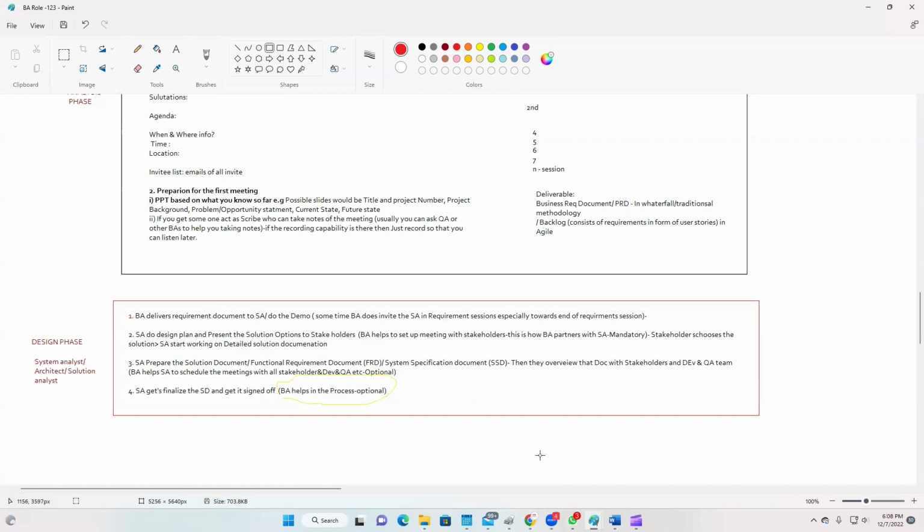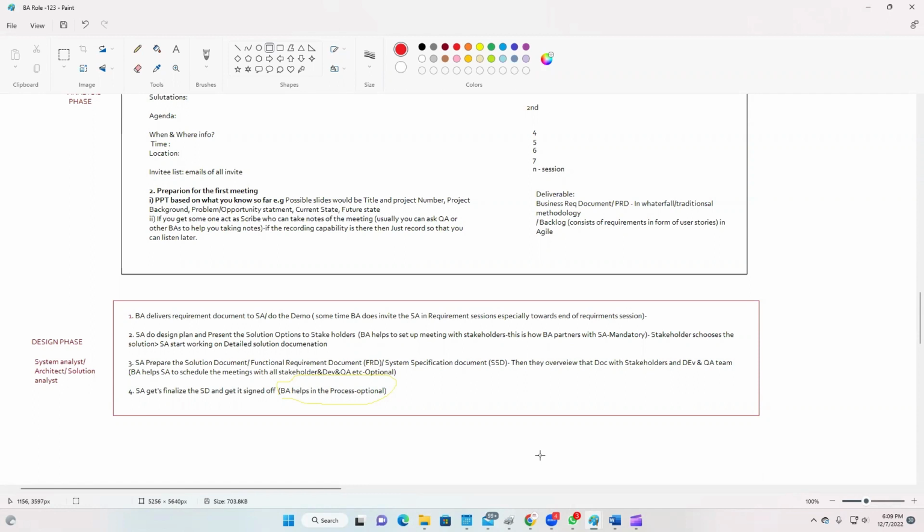The BA helps set up the meeting with the stakeholders because he's more familiar with the stakeholders. He's been working with them for a long time. Another thing is the BA helps in the process, optionally. He's always there for the SAs too, if there's anything that needs to be shared with the stakeholders. I'm just putting it in my words, okay?